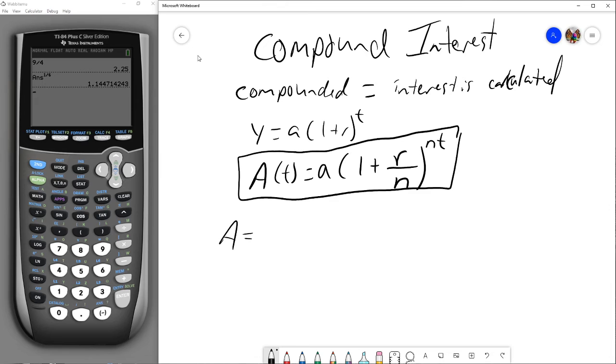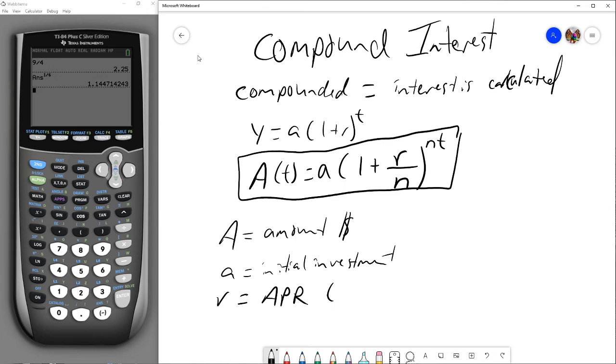A is the amount of money, or what your account is valued, so that's how much you have. P is your initial investment. r is our interest rate. We'll specify it as APR, annual percentage rate. Alright.